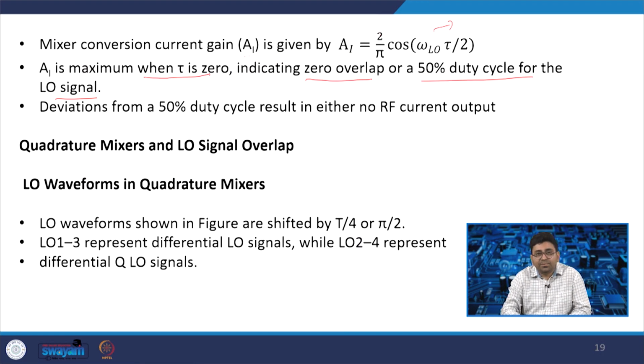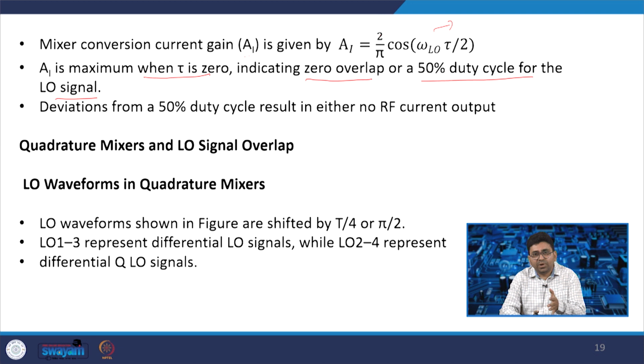In a quadrature mixer, we apply the LO signal with 0 and 90° phase shift, and that 90° phase shift will help us, because we have already seen that we want to reduce the image component in the incoming signal.